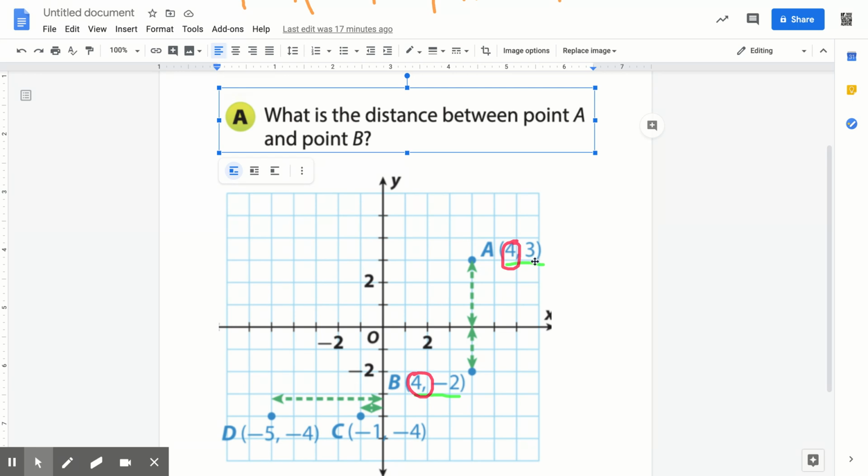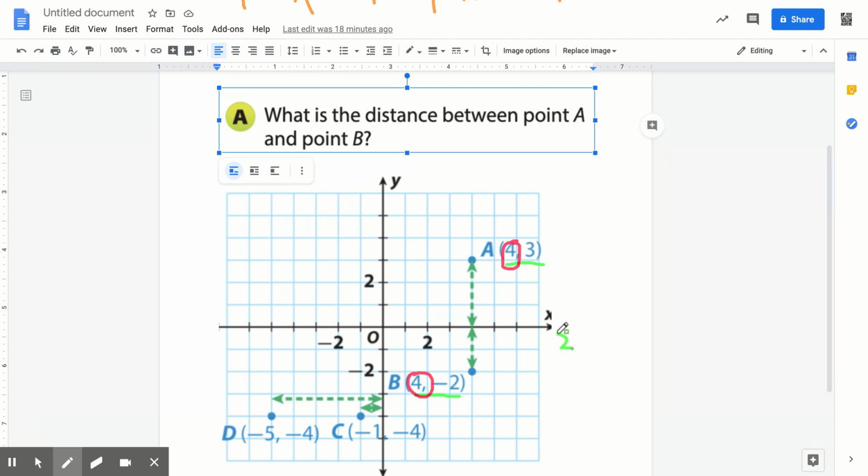So now, what do we have for our y coordinates? We have 3 and we have -2. Remember, what is the absolute value of -2? That will be 2, right? So in essence, let's work this out over here.